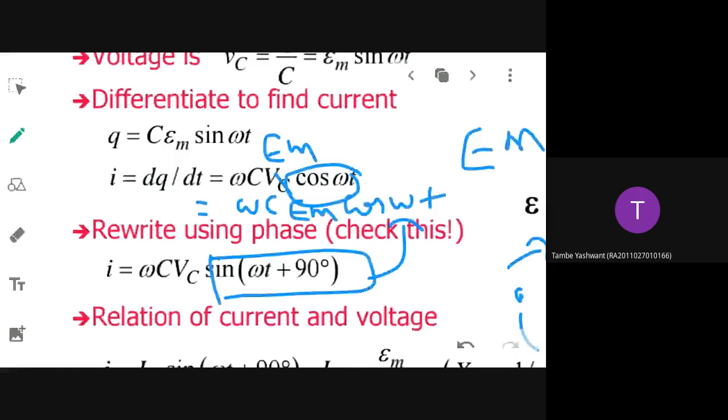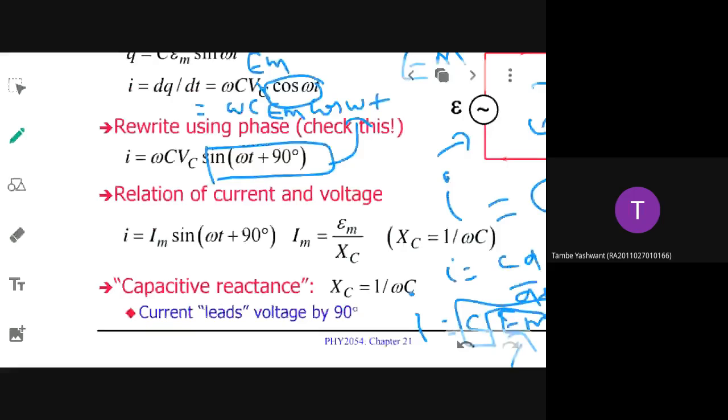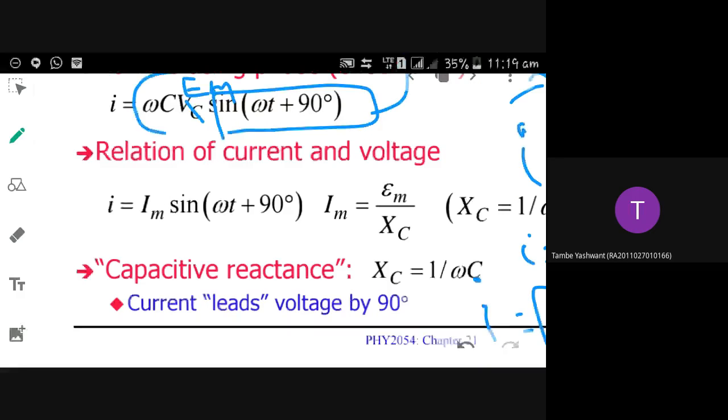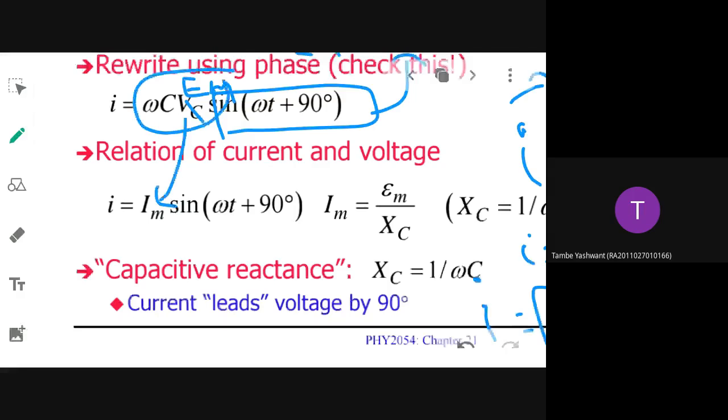So what will happen to I finally? Em omega C they are grouped together as Im.